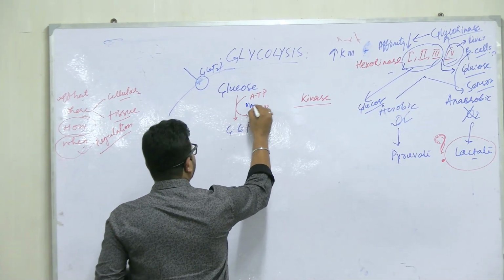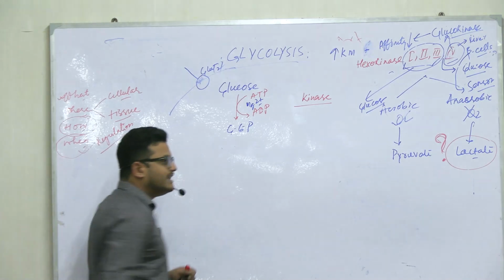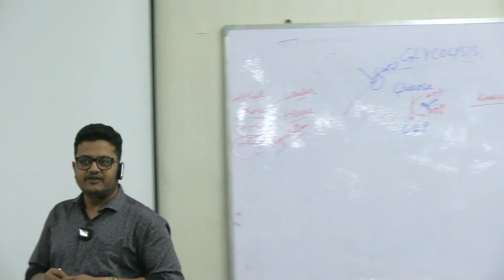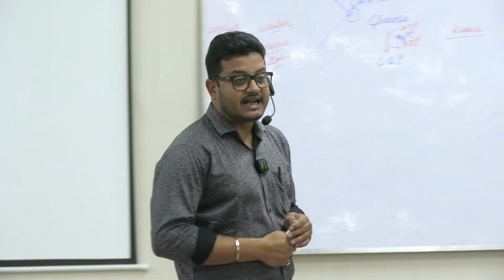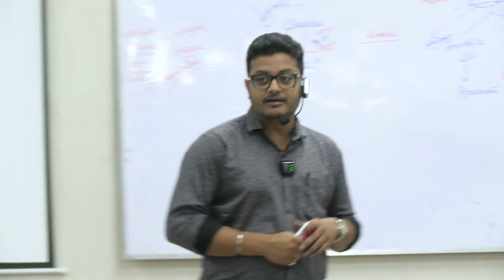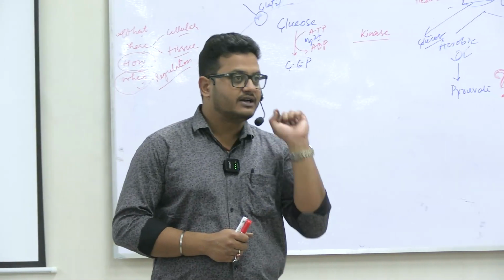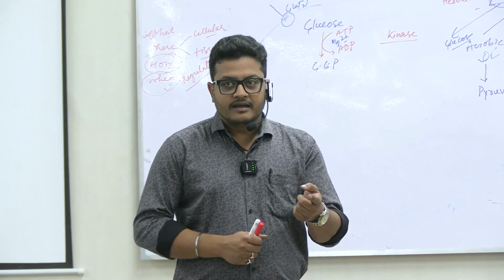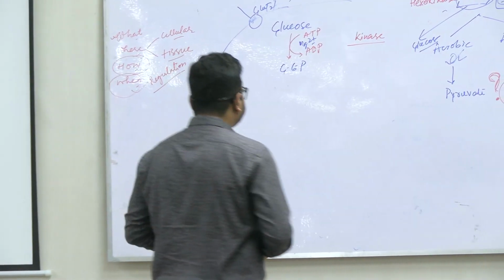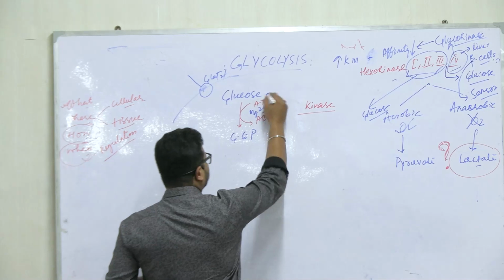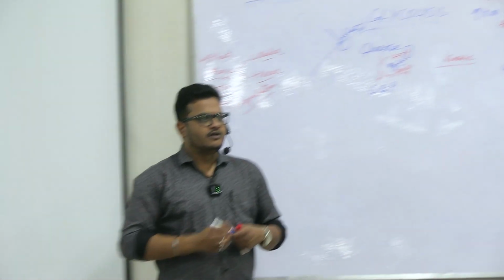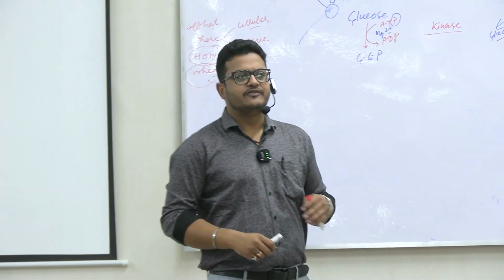One more thing: whenever you see kinase reactions, close your eyes and write Mg2+. It has to be there as a cofactor. Why? ATP has 3 phosphates, 1, 2, 3. That's why we call it triphosphate.